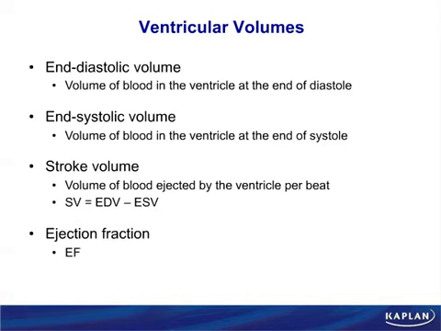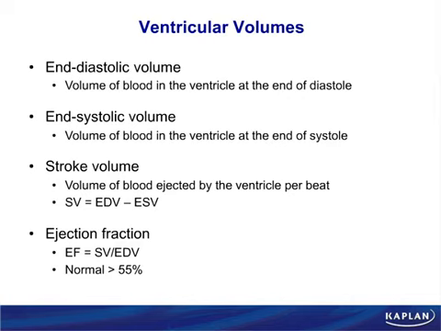Don't forget ejection fraction. Calculate it. Stroke volume divided by end diastolic volume. What fraction of the total got ejected? That's the way, maybe if you remember it that way, it'll help you to remember the basic equation. I know we all love equations. Maybe we don't, but that's a way to help you remember.